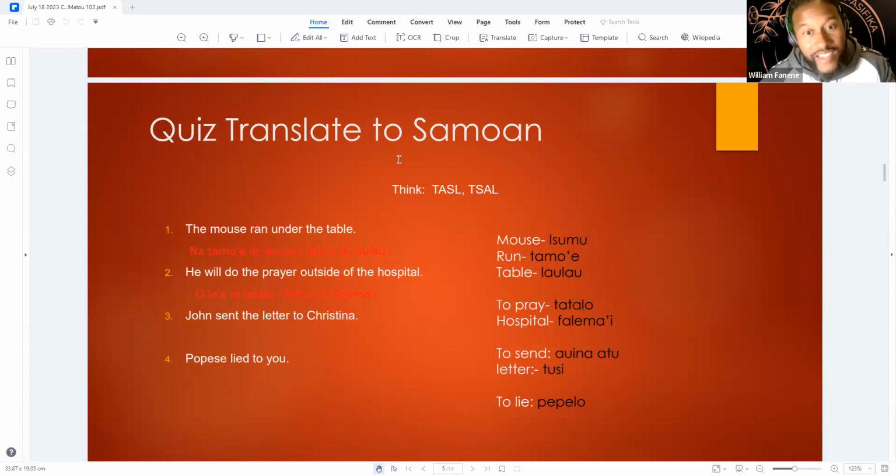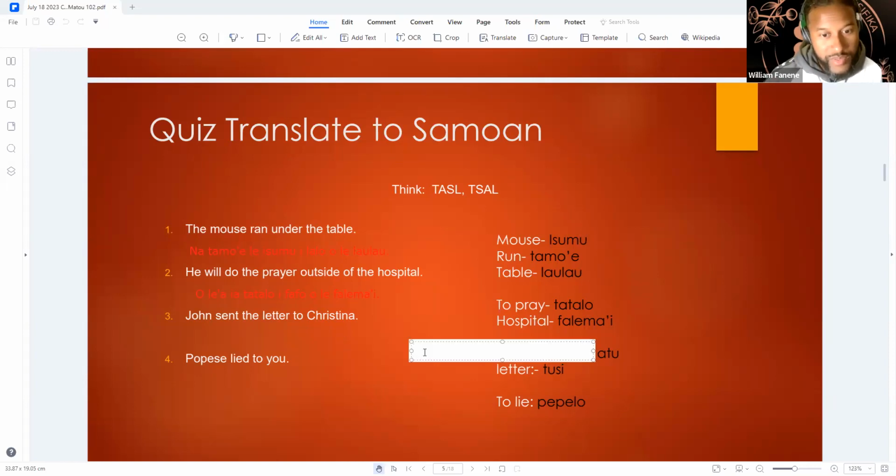Or fight, yeah, ia. I'm gonna copy what Sienna said because this is probably the way you'll hear people say it the most. The way that I had it there without that word probably confused some people. Thank you for catching that. But yeah, if you said it like this, it is absolutely he will pray outside the hospital, word for word, boom.